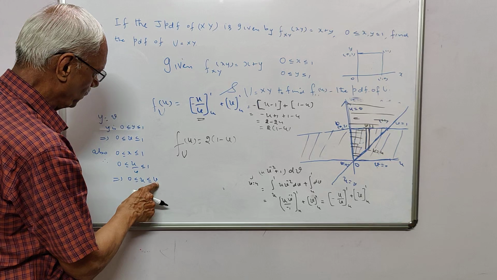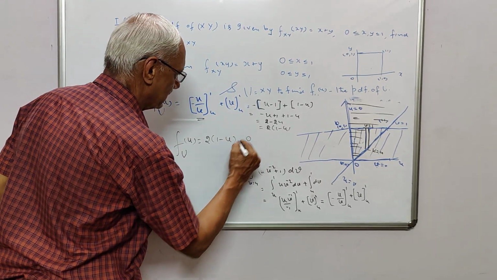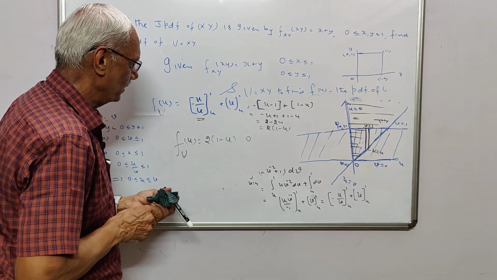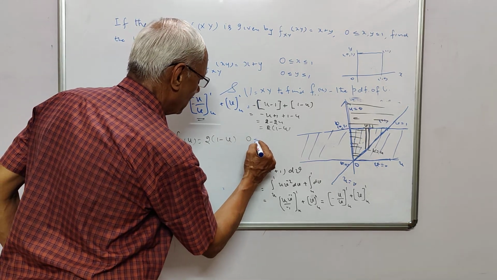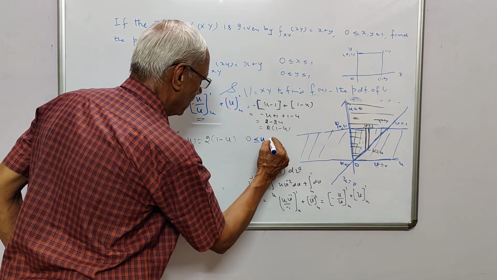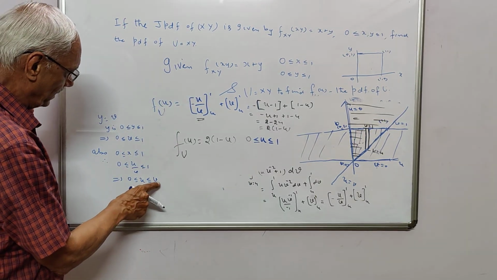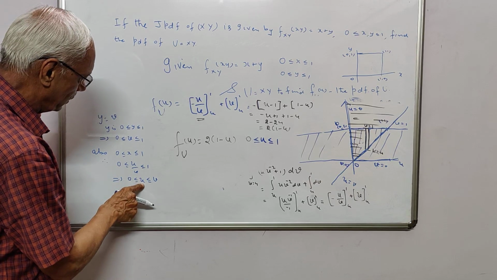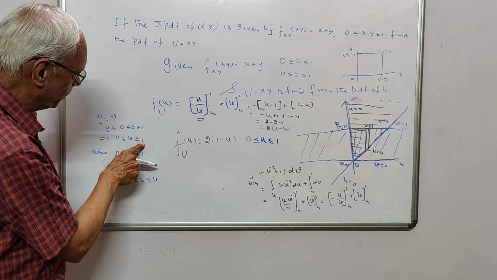Because it takes up to 1 only. So you see that it is 0. See what is the limit of u now? So the limit of u is 0 less than or equal to u less than or equal to 1. Because you see that here 0 less than or equal to u less than or equal to v, but v is taking the value up to 1.